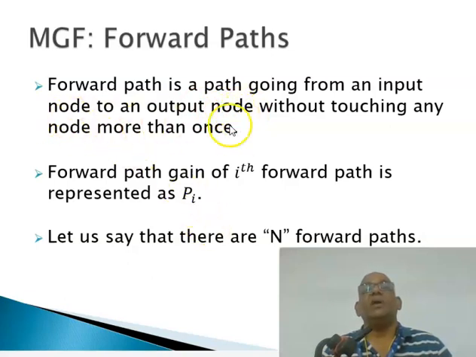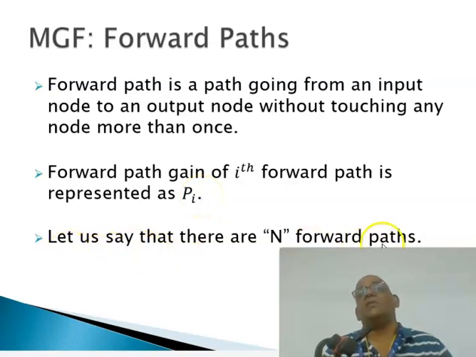While going along this forward path, you take the gain along each segment and multiply them. The final product is called the gain of the forward path. We represent the gain of the forward path by P. If it is the ith forward path, the gain is Pi.